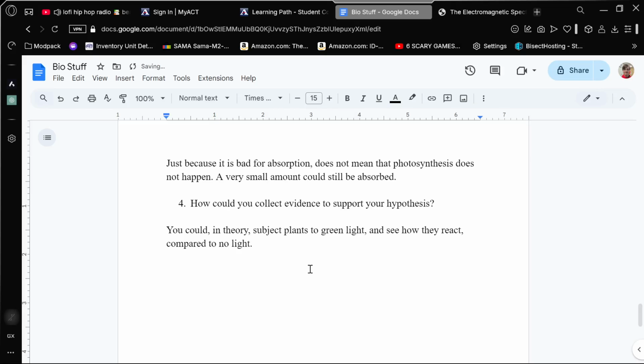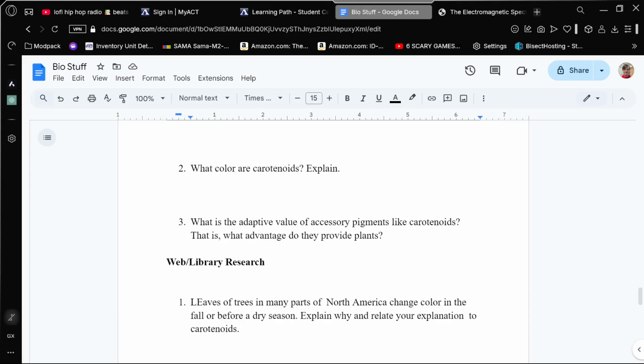Because if they live longer in green, then some photosynthesis does happen. Alright, let me go retype these answers real quick. We only got 6 left. We're so close. Okay, let's get started.